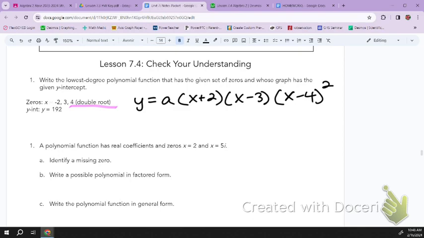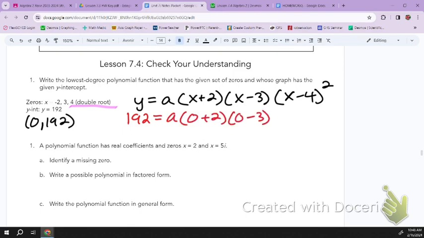Now we're going to solve for the A value. It tells us the y-intercept is 192. Remember, your x is always 0. So now let's solve for our A value. I'm going to replace y with 192 and replace x with 0. Let's see the A value when we simplify.